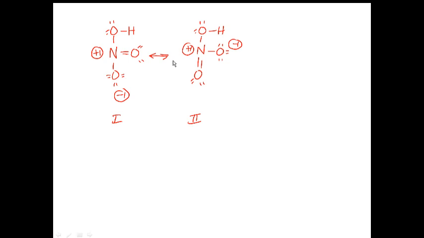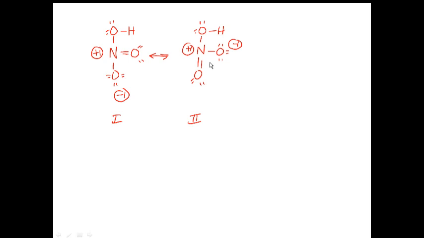And then they asked, if I have these two structures, which one would I actually find for nitric acid? So if I had a microscope that could look at an individual atom, which those actually do exist, what structure would I see? Structure 1 or structure 2? And that was a big question.